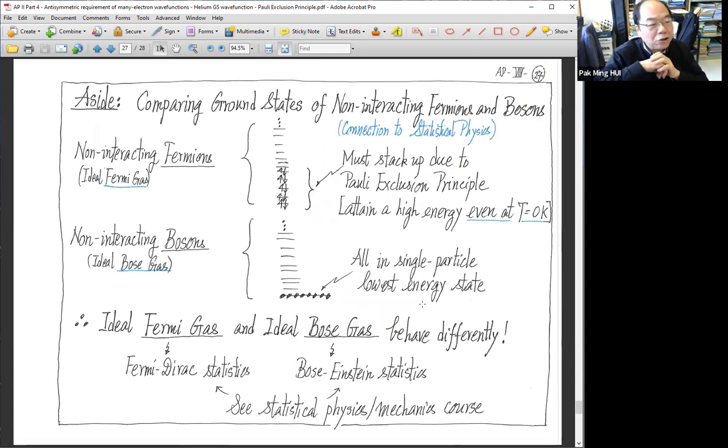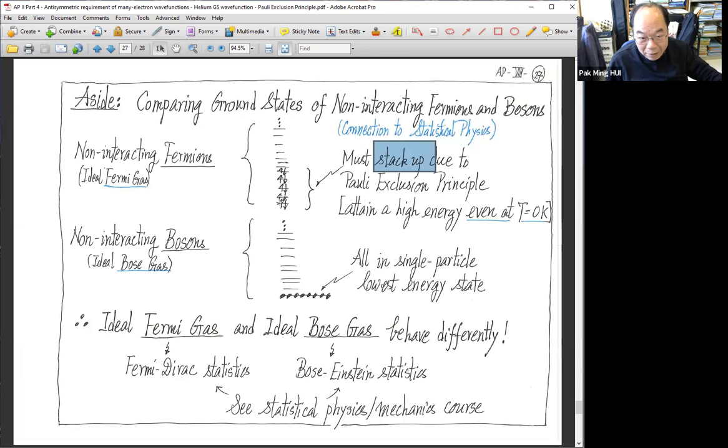Last, some connection to your thermal and statistical physics course again. We know that there's some relationship between antisymmetric wave function and the fermions. Because antisymmetric wave function implies Pauli exclusion principle, and Pauli exclusion principle means for fermions, if we have a number of them, they must fill the available energy states and stack up in energy.